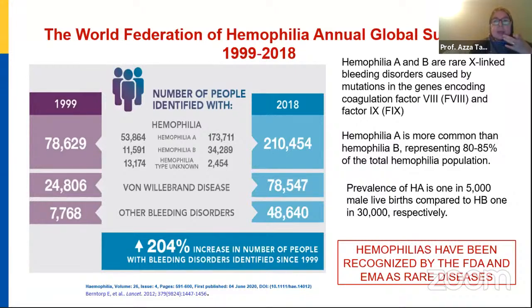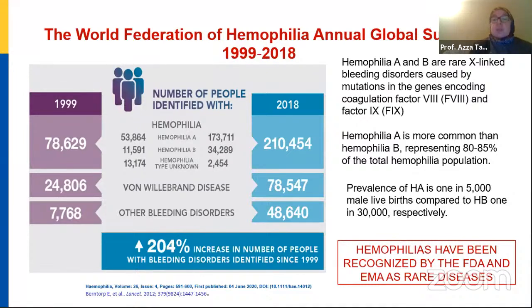Hemophilia A is more common than hemophilia B. It represents 80 to 85% of the total hemophilia population, and the prevalence is 1 in every 5,000 male live births, compared to hemophilia B, which is 1 in every 30,000 male live births. In Egypt, in 2018, the Egyptian Society of Hemophilia registered more than 6,000 patients with hemophilia, with about 80% hemophilia A and about 20% hemophilia B.